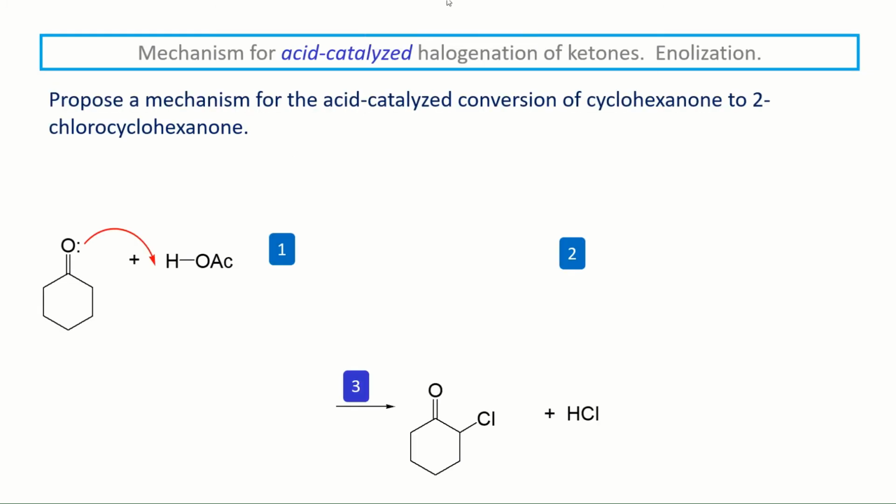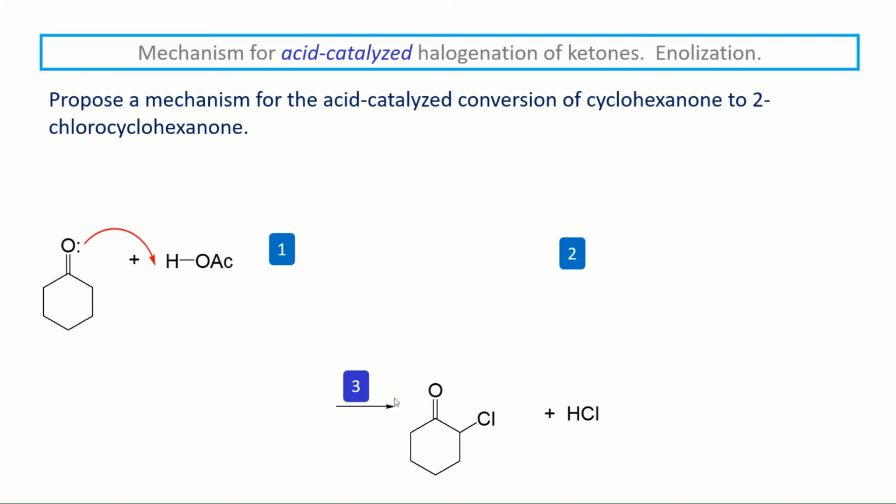So next I want you to probe this reaction mechanism. Consider what we did previously. It says propose a mechanism for the acid catalyzed conversion of cyclohexanone to 2-chlorocyclohexanone.